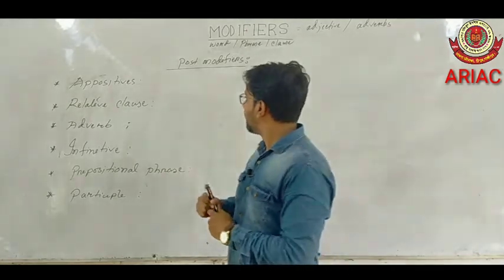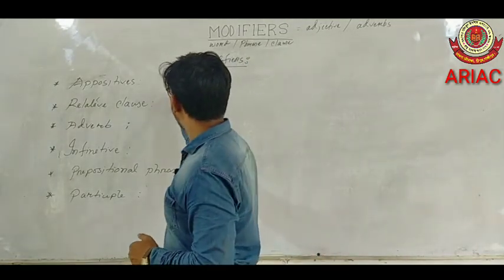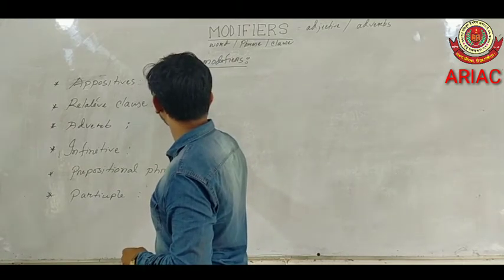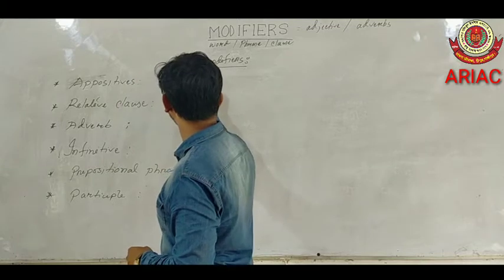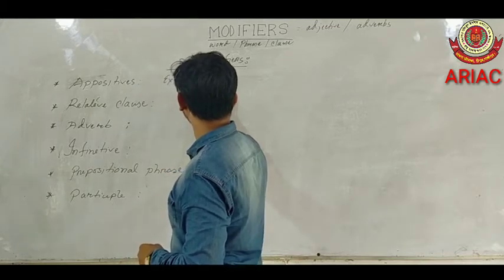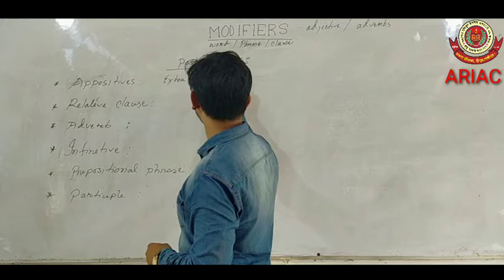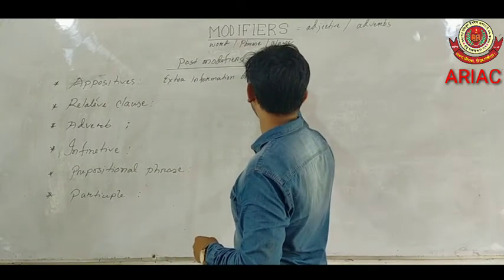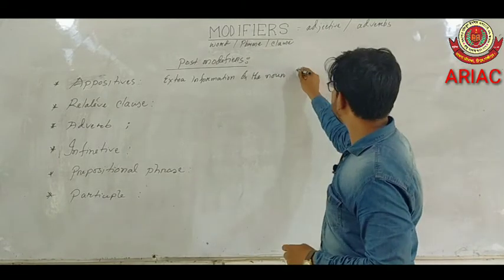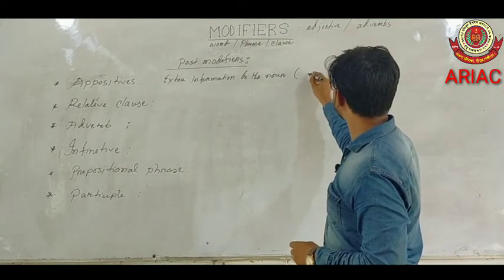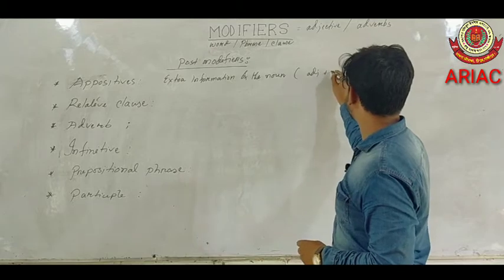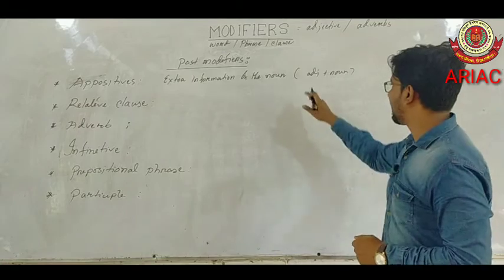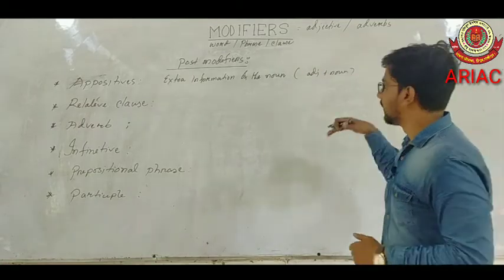So appositive means extra information of the noun, and it can be adjective plus noun, or article, adjective plus noun.